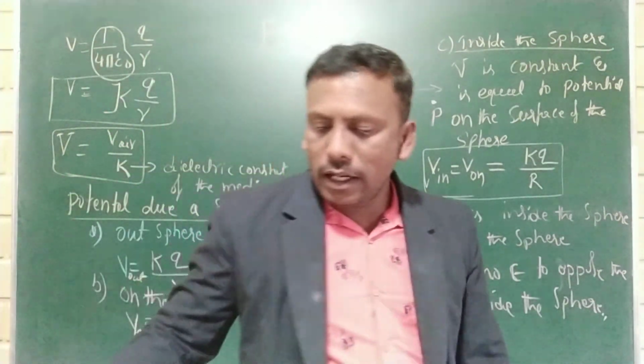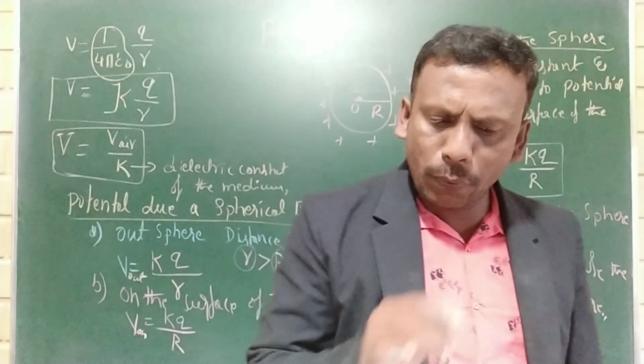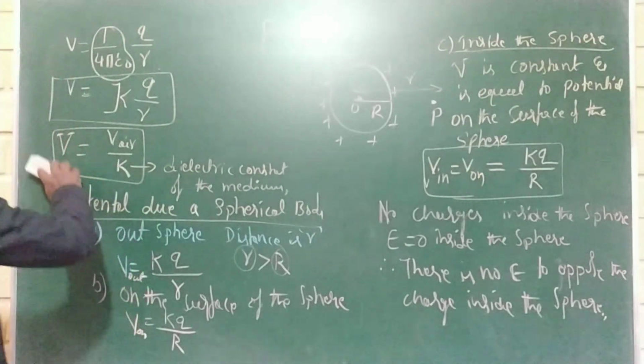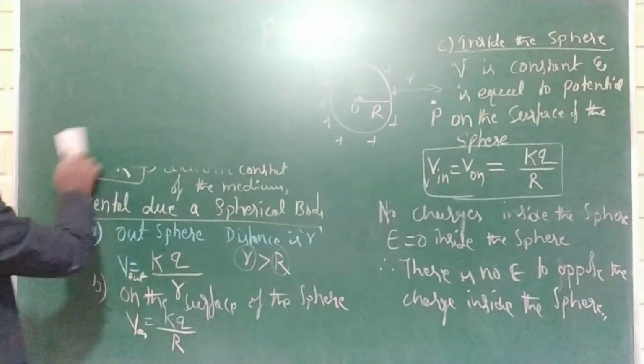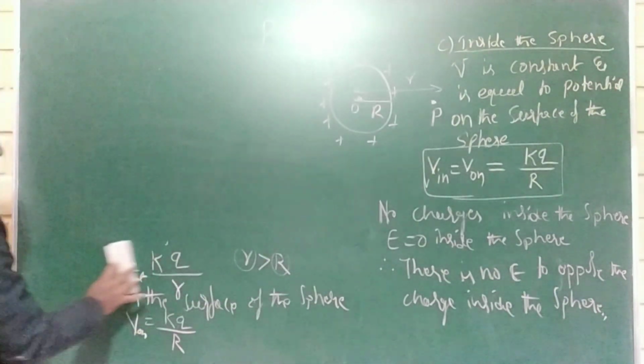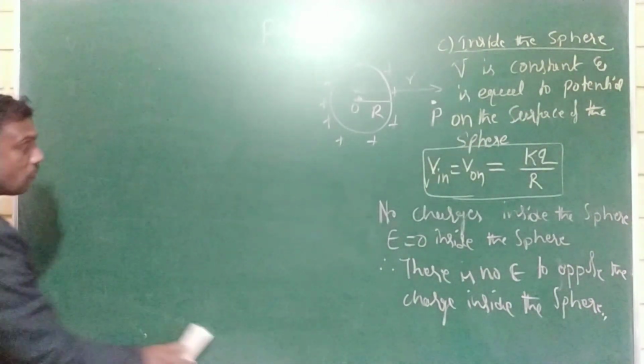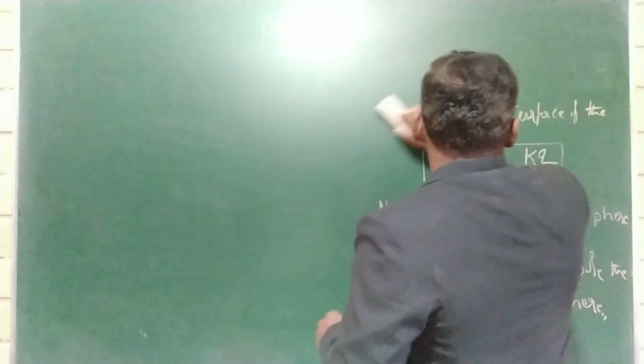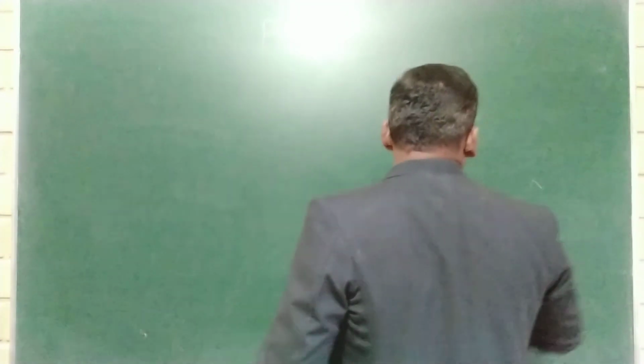And the next thing is electrostatic potential due to the superposition principle. What is the superposition principle? For electrostatic force, the net force due to a number of other charges on a single charge is taken as the vector sum, not the algebraic sum, of all the forces on a single charge taken at a time.